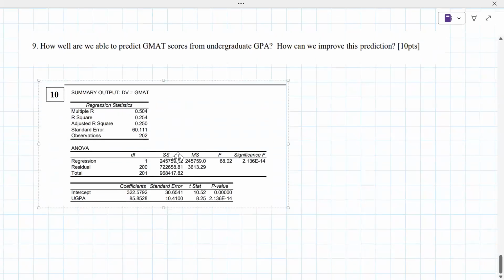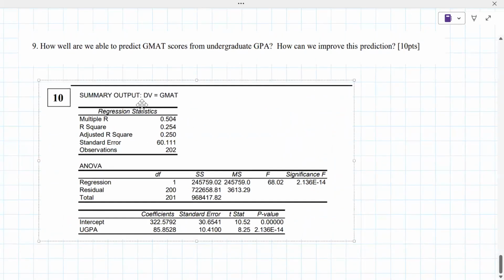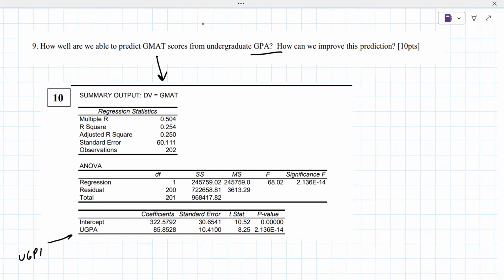Okay, so you got to know that this exists. There's your GMAT, that's your dependent variable. It's just GPA, that's your independent variable. And we know that the model is significant.